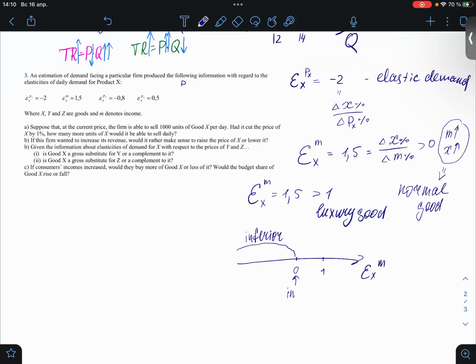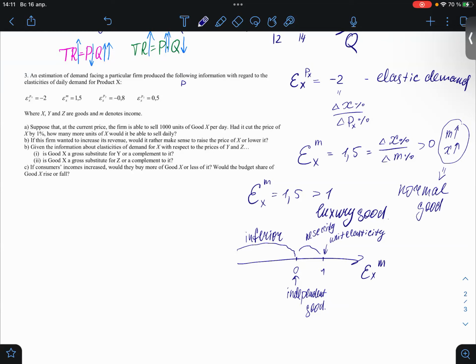If elasticity equals 1, we call it unit elasticity. If we have a positive but low reaction of consumers, our good is a necessity good. I think my grammar is not so good, but anyway.